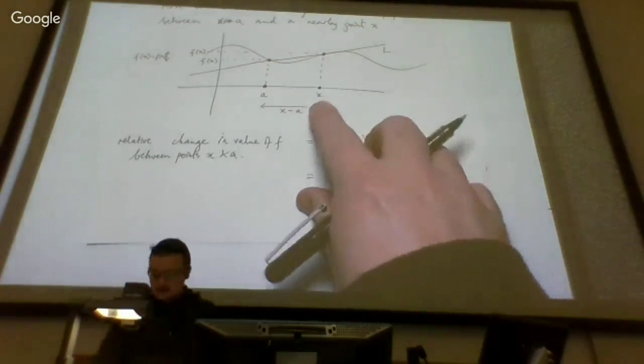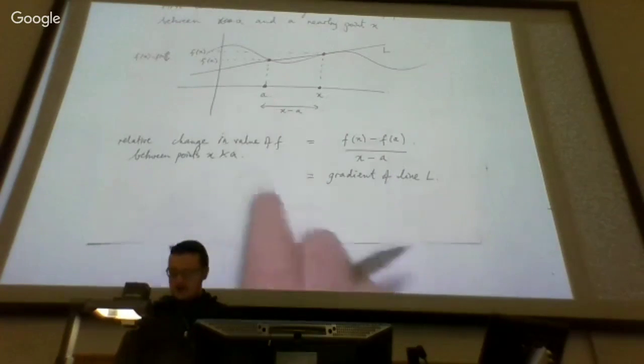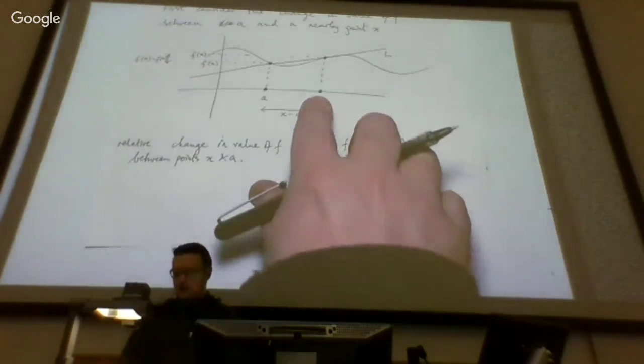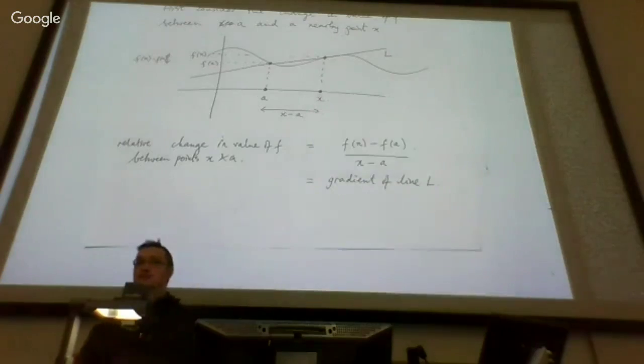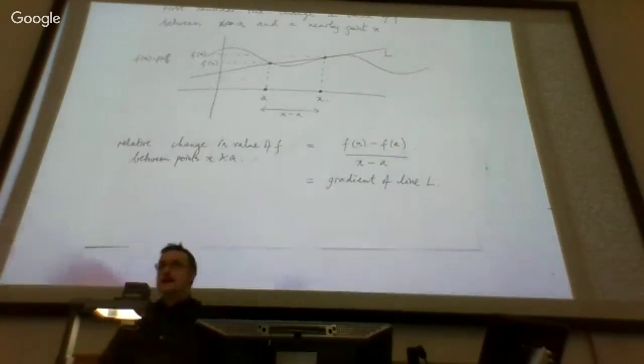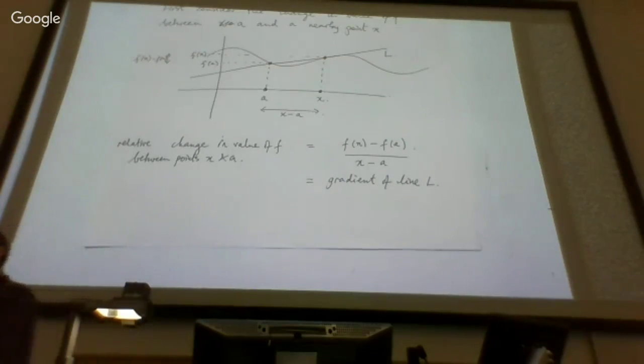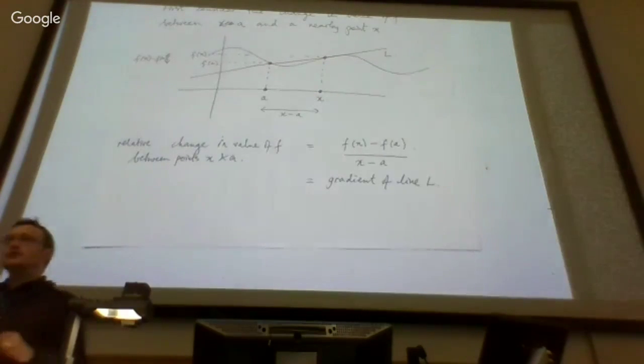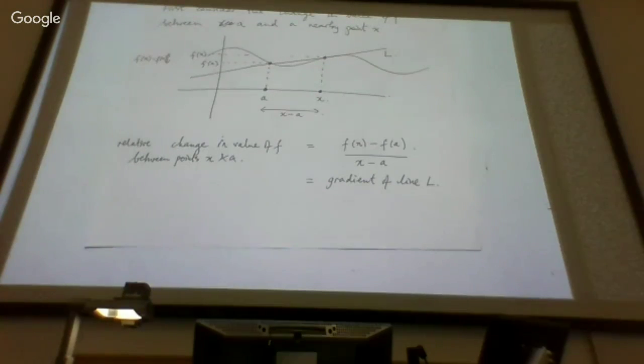If we keep the value a fixed, so a is a fixed point in this discussion, but we let the position of our nearby point x come closer to a, then we're going to be looking at the relative change in value of the function across much smaller ranges. And if we send x closer still to the point a, you'll be looking at the relative change in value of the function across an even smaller interval.